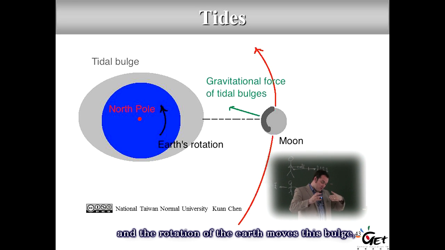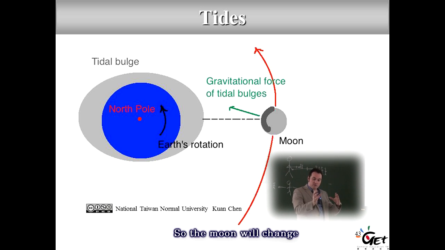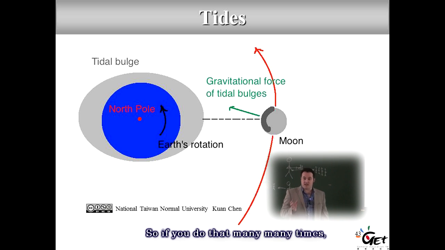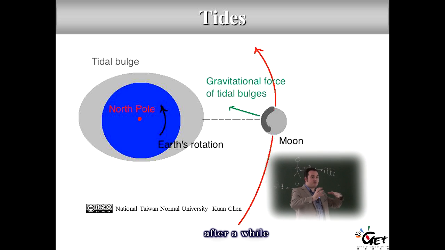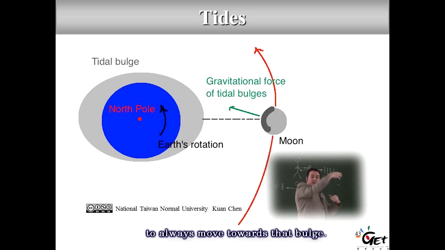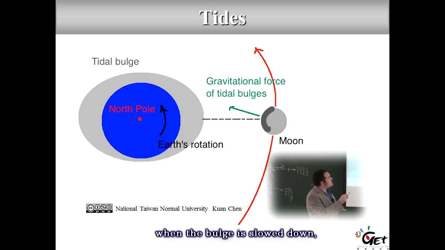The rotation of the Earth moves this bulge, which has a tendency to attract the moon further. So the moon will change its rotation slightly as well. If you do that many times, after a while the moon is totally locked to always look toward that bulge. So the rotation of the moon on its axis, when the bulge is up, is slowed down.